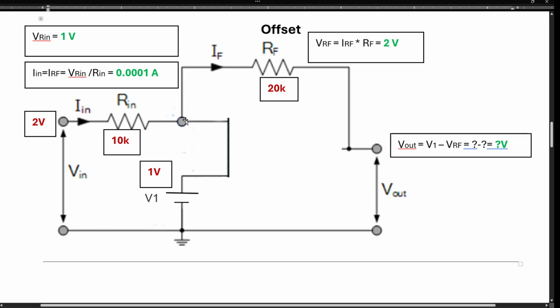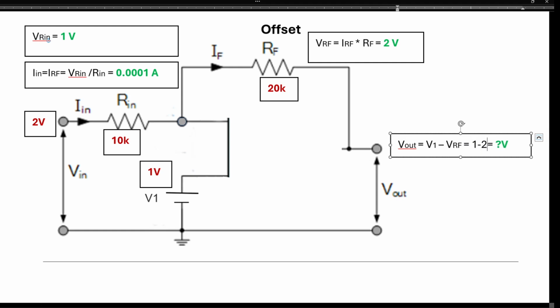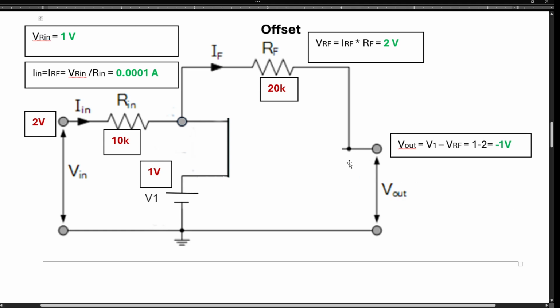Oh, this point is 1 volt. So 1 volt minus 2 volts is going to give us minus 1 volt. All right.